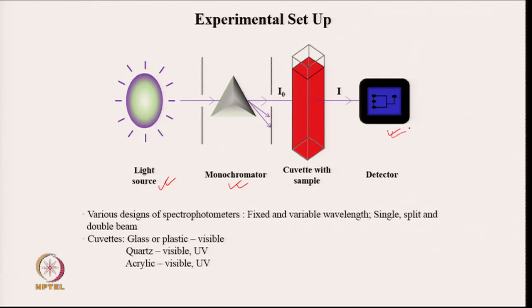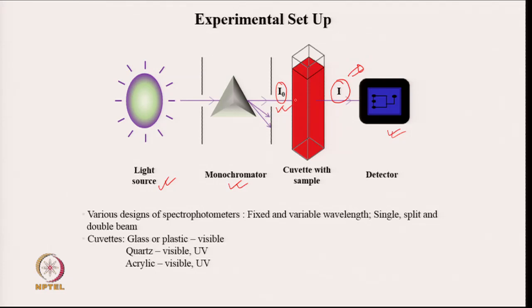When light crosses through the sample, the intensity of the light decreases from I naught to I, because a part of the light is absorbed by the sample in a cuvette. We measure this intensity, we already know I naught, and based on that we can calculate a physical parameter known as absorbance.